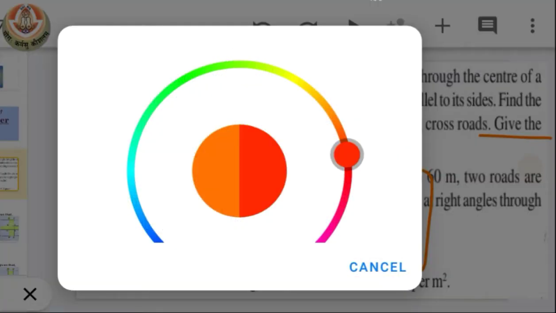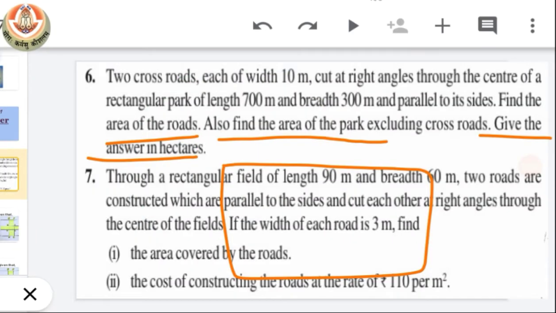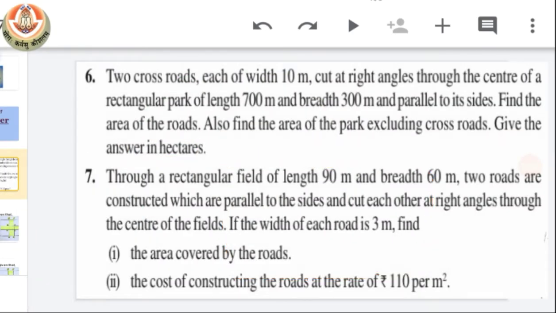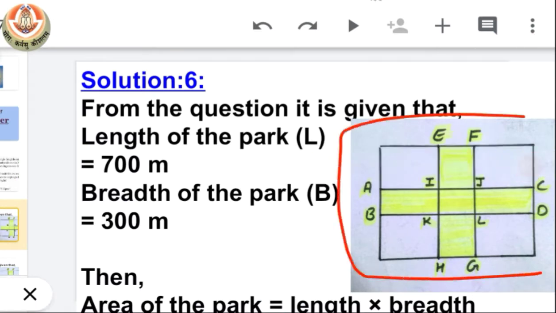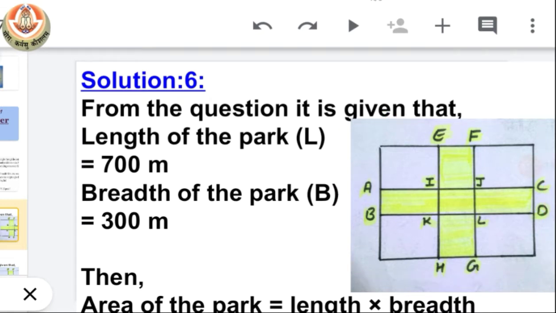Now let's start from figure, that what should be our figure for this question. So you can see here, this is our figure for this question. They are our two crossroads and this portion is occurring in both. So let's see how we have to do it.